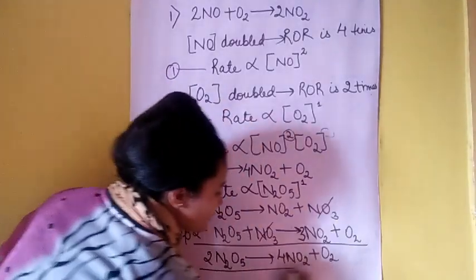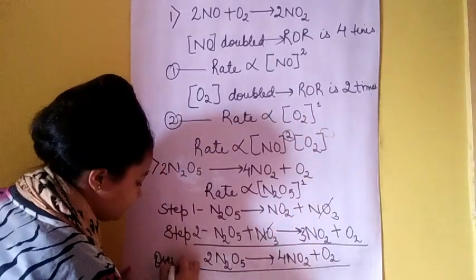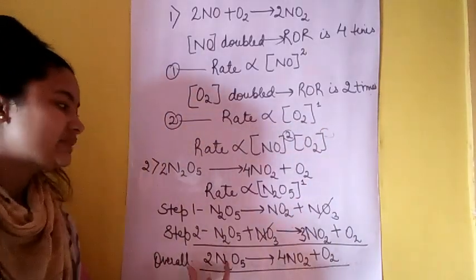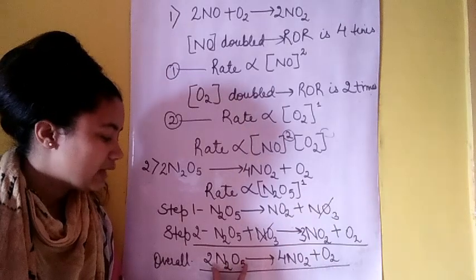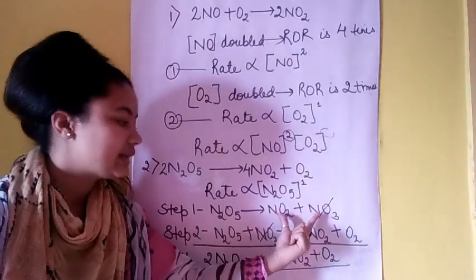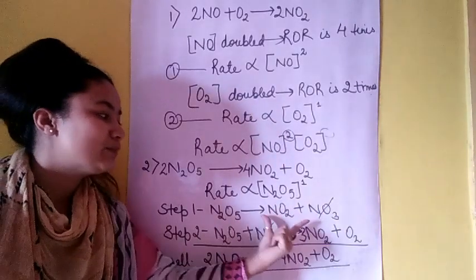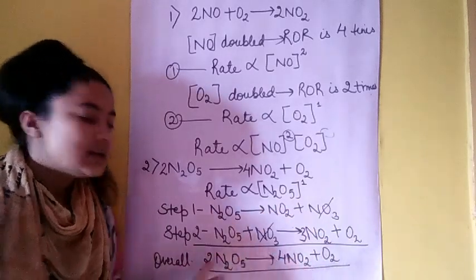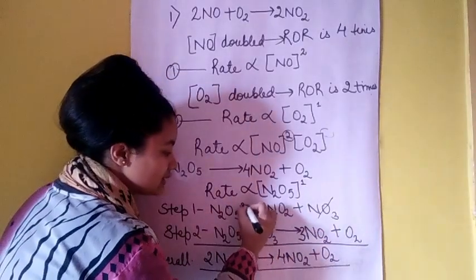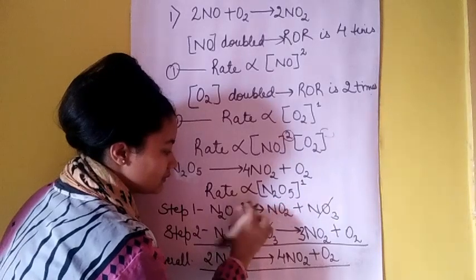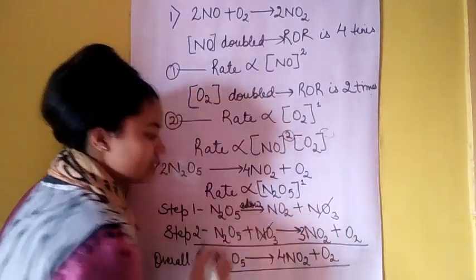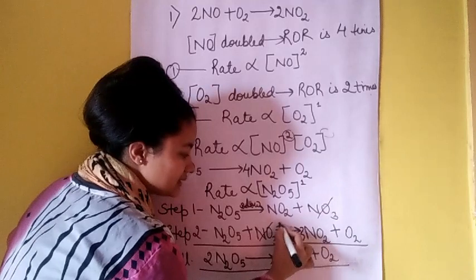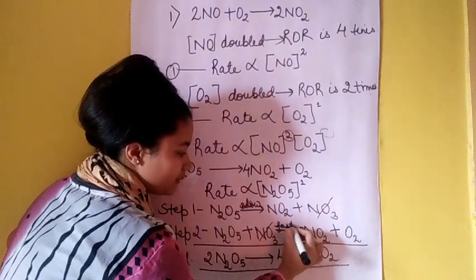This is our overall reaction. Now as we can see, N2O5 is first decomposing into this and reacting with this. In this reaction, the first step is the slowest step, and the second step is the fast step.